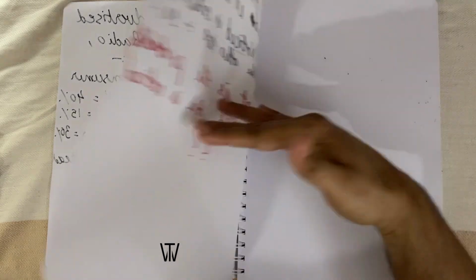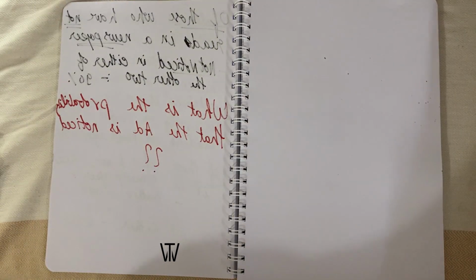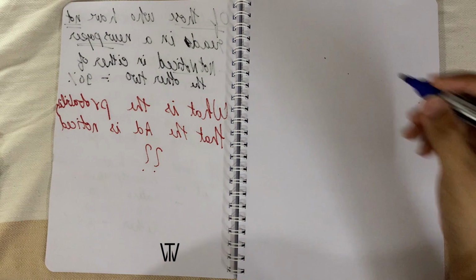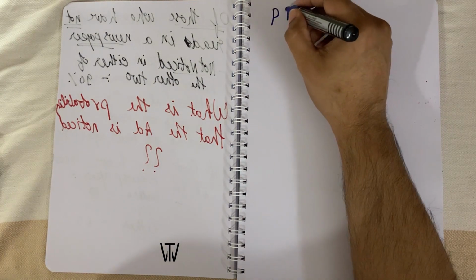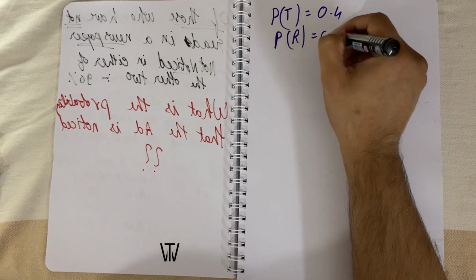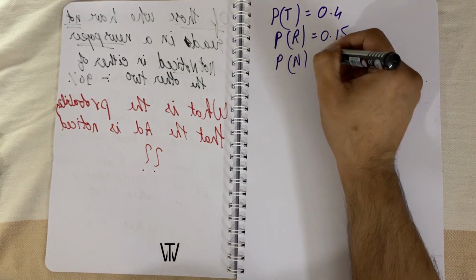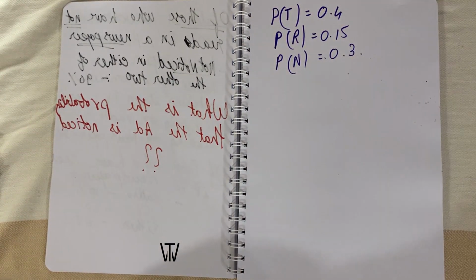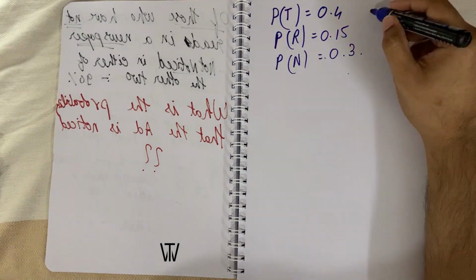So to solve this problem, first let us see what all information has been given. You are given that P of T equals 0.4, P of R equals 0.15, and P of N equals 0.3.